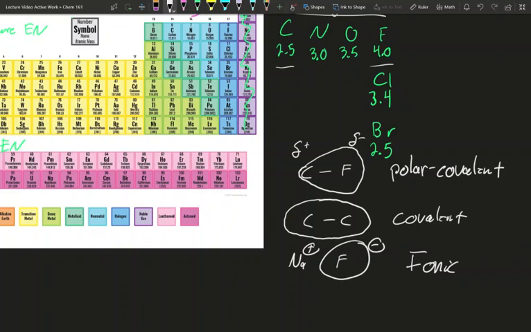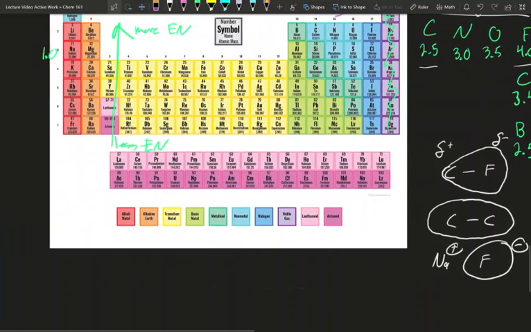Polar covalent bonds are covalent bonds that permanently have some charge. They are not ionic, so they still share electrons to one specific atom, but they do have actual charges in regions of space like ions do. They're just weaker charges.